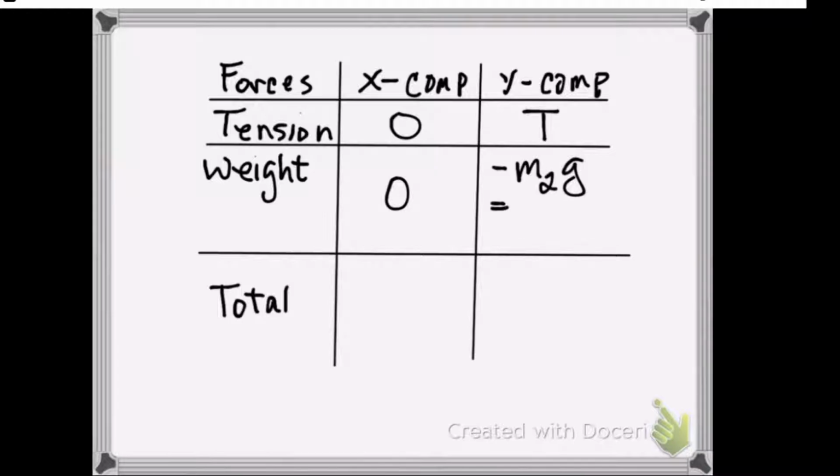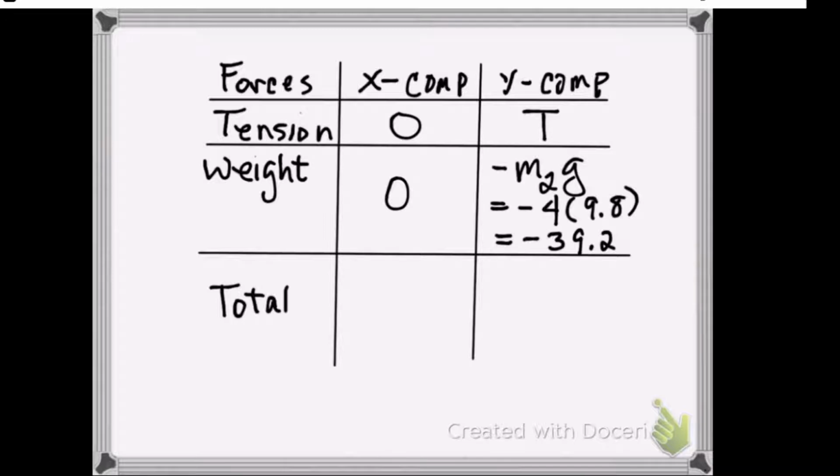So M2g is going to be negative 4 times 9.8. Let's calculate that. 4 times 9.8, and so we get negative 39.2.